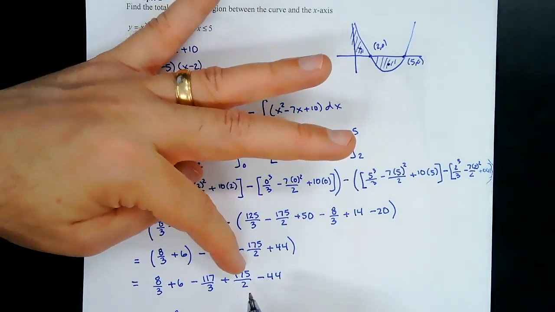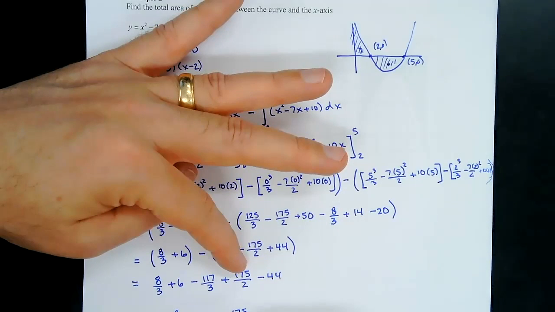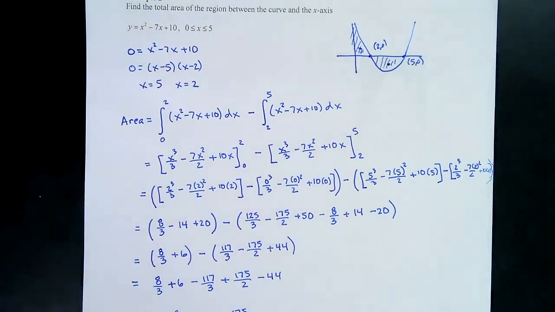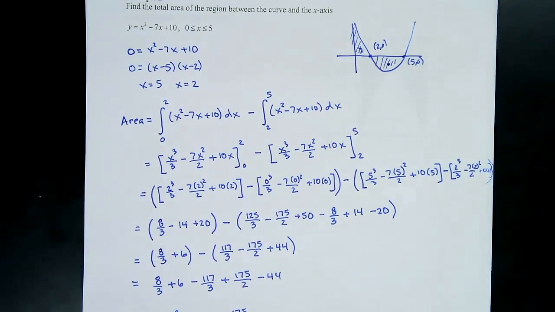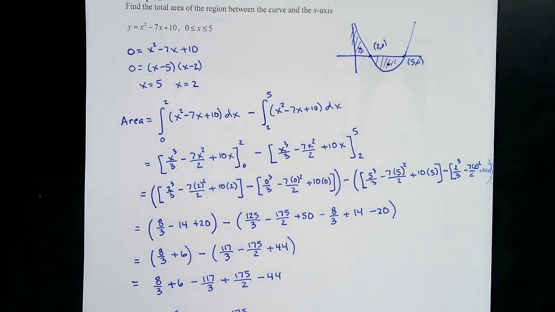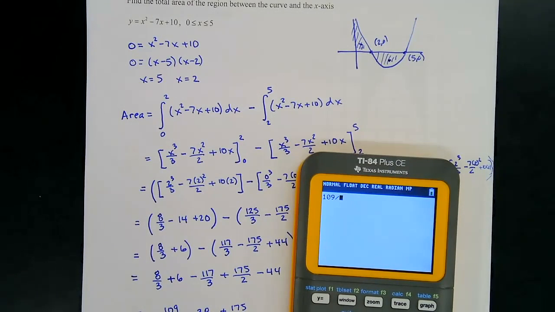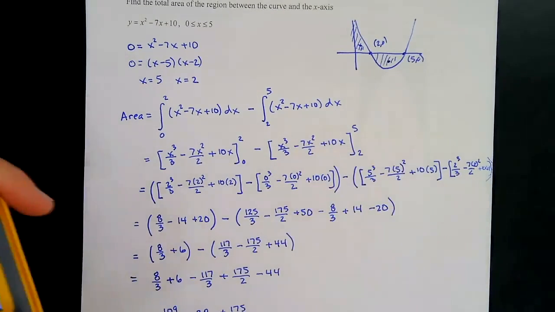And then plus the 175 halves. Okay, so we need to get a common denominator. Unless 3 goes into 109. I don't think it does, though. So I'm going to check it. It doesn't.